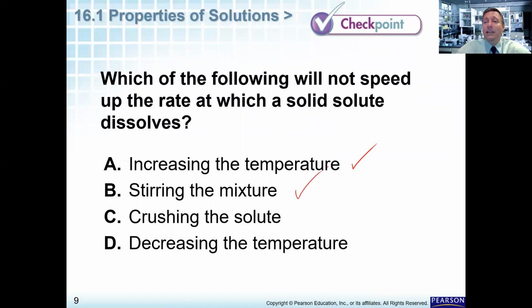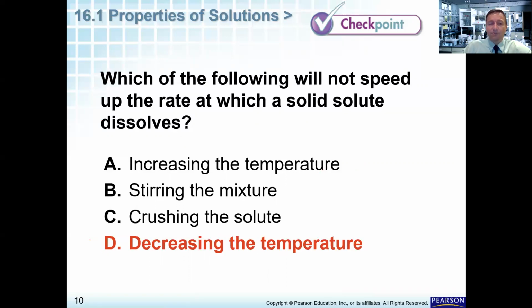We know that increases it. Crushing the solute, well, that makes finer particles. That also increases it. So those first three are true. That leaves decreasing the temperature. In general, if you decrease the temperature, it's going to take a lot longer for something to dissolve. And that's what it's telling us right here.